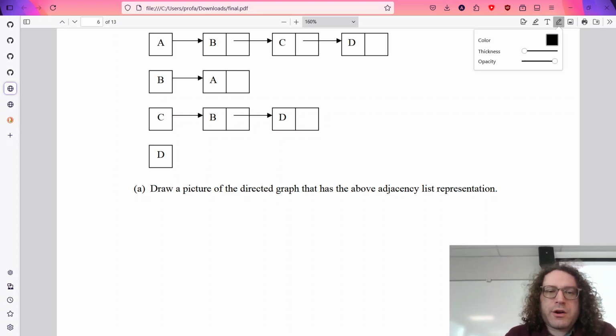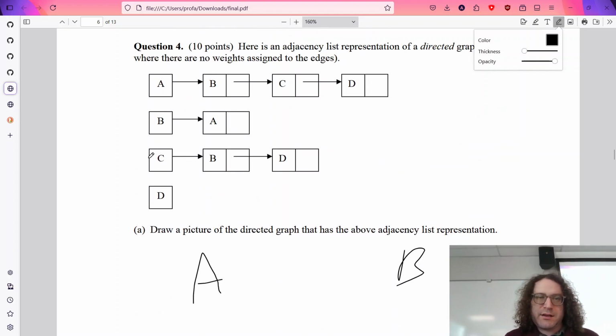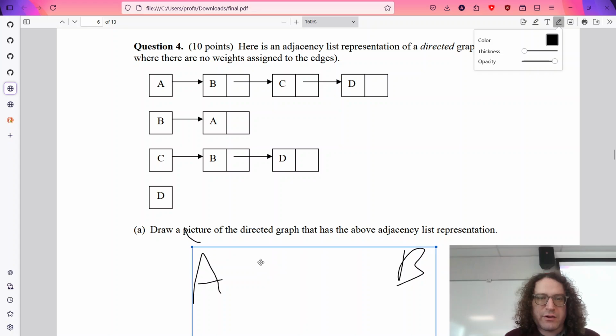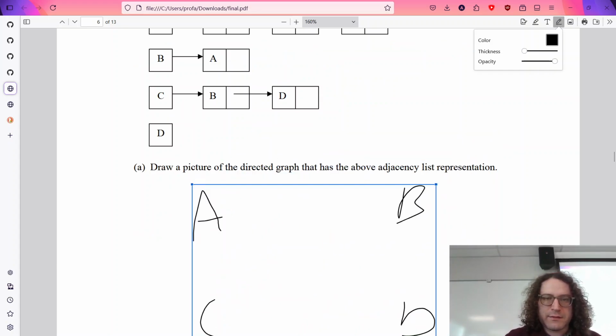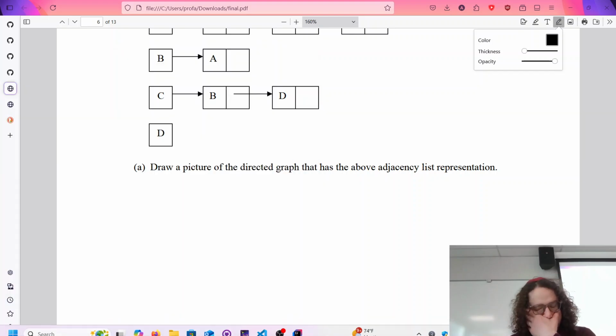So we have 4 nodes here. A. Let's go ahead and, because we only have 4 nodes, I'm just going to go ahead and write them out. A, B, C, and D. Right? These are those nodes. Right? You know what? It's going to be easier if I do this on a whiteboard.